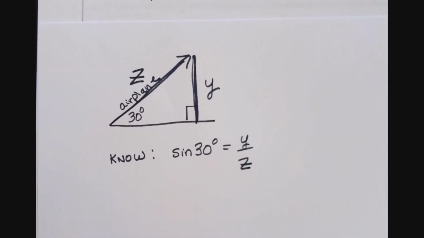Well, we could go even further. What is the sine of 30 degrees? Right, 1/2, 0.5. From our unit circle. Remember, 30 degrees is just pi over 6, if you're better with that. But sine of 30 degrees would be 1/2. So we could just say 1/2 equals y over z.